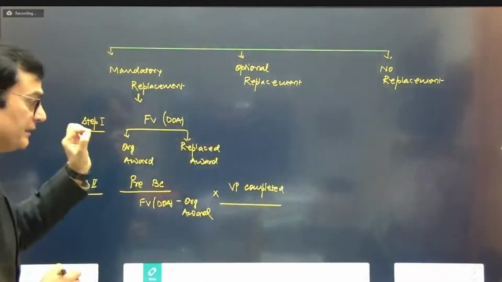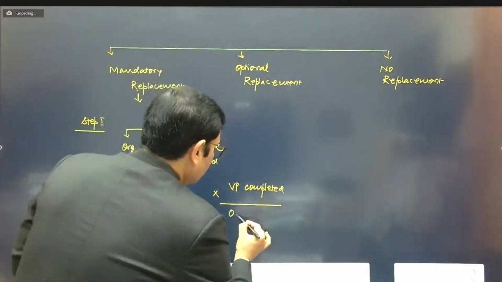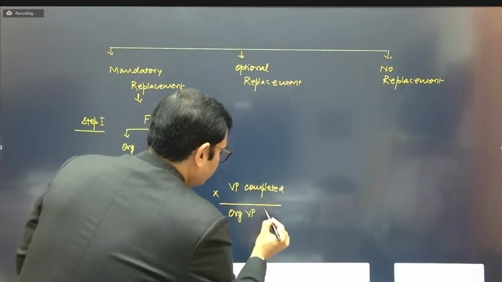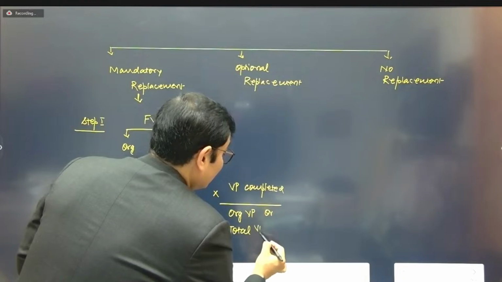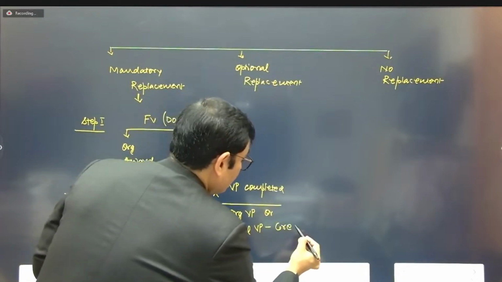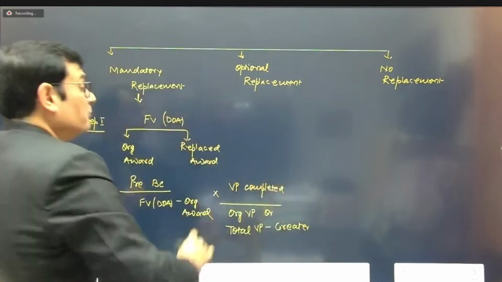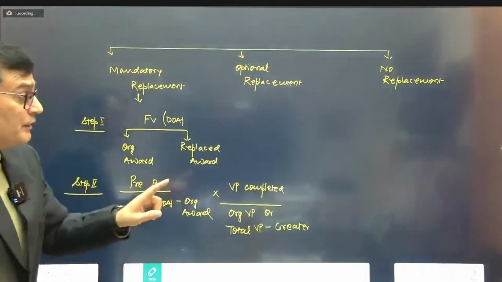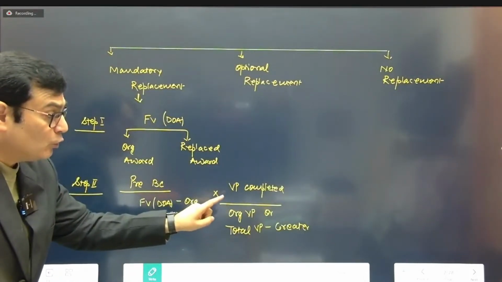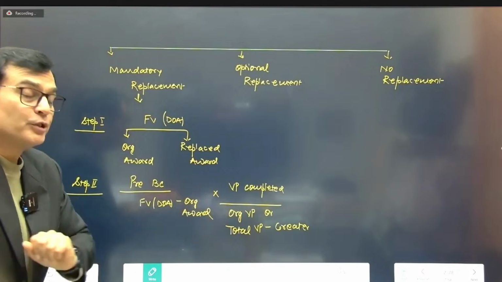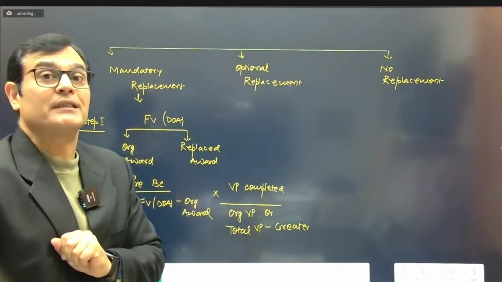That goes in the numerator, and in the denominator we're going to consider the original vesting period or the total vesting period, whichever is greater. So the proportion is the vesting period already completed divided by the original vesting period or the total vesting period, whichever is greater.